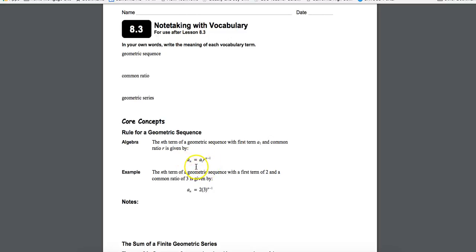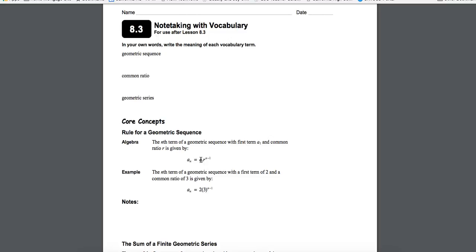I want you to notice our nth term formula is just a sub 1 times r to the n minus 1 power. You should be writing this down in your notes right now. The nth term formula, a sub n, is equal to a1 times r to the n minus 1 power. Remember your order of operations. This is r to the n minus 1 power first, then you multiply that whole number by a sub 1.